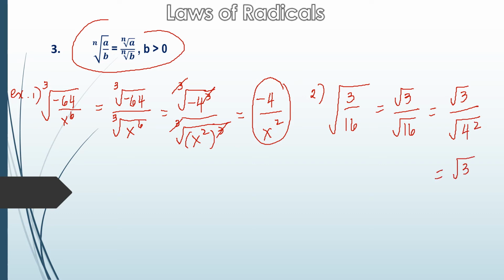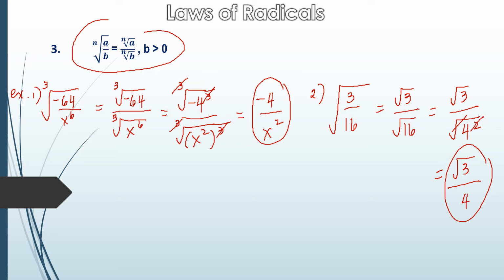So we have the square root of 3 over the square root of 4 raised to the 2nd power. So if we apply the first law of radical, that will be equal to 4.